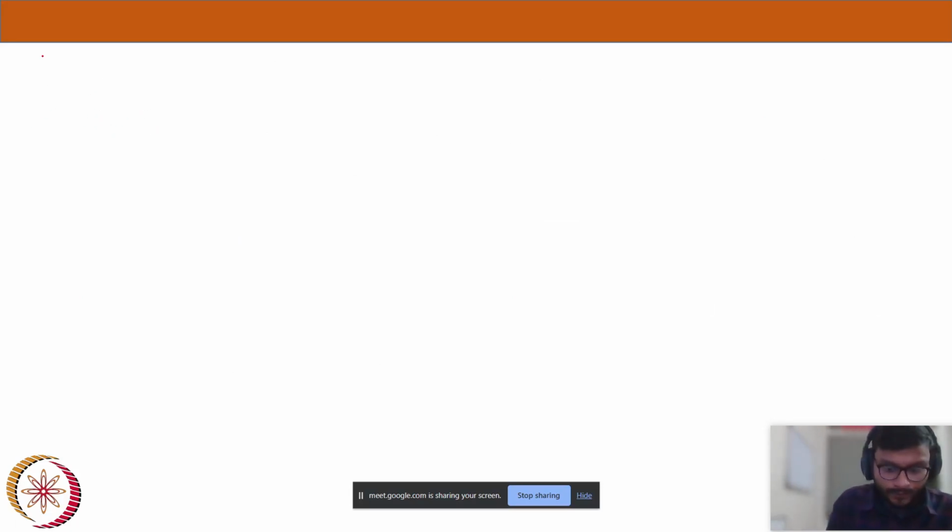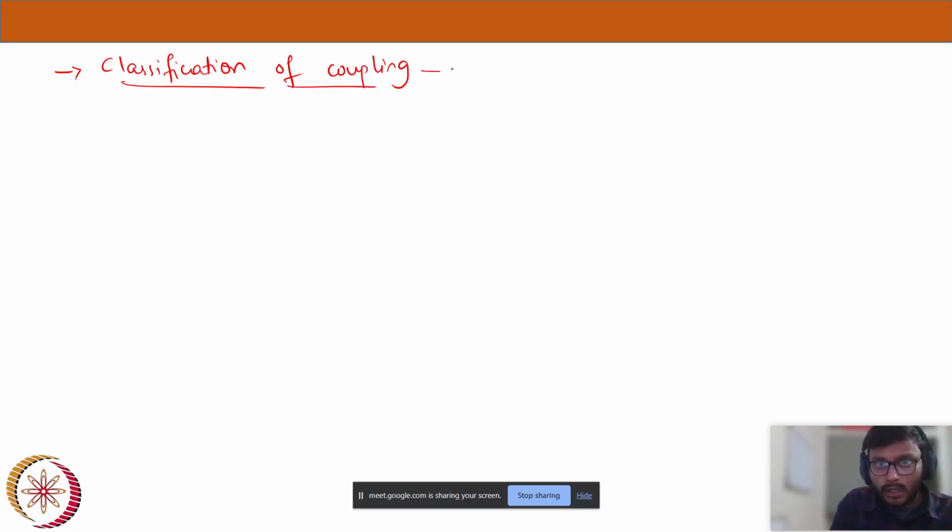Basically, in these coupled circuits, we will see first how many types of coupling are possible. Classification of coupling.